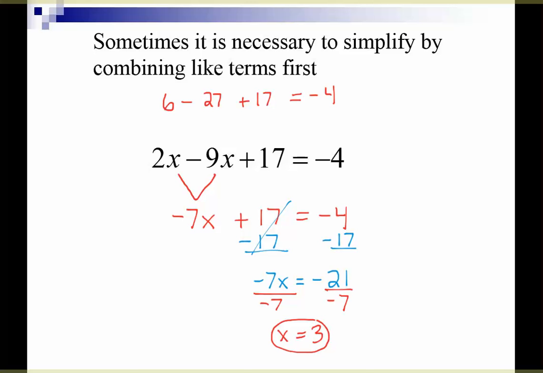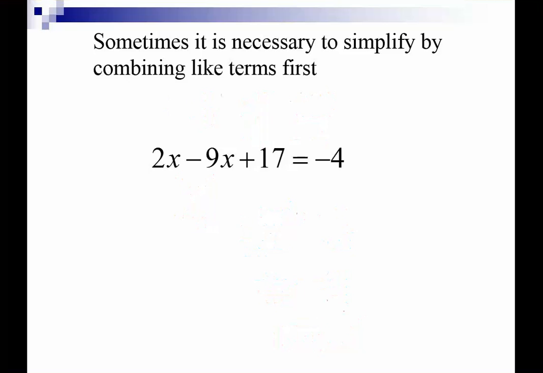I've got to go left to right on this, so I'm going to do 6 minus 27. 6 minus 27 is -21 plus 17 equals -4. And that works out. -21 plus 17 is -4, and -4 equals -4. So that's just what's going on in my head as I'm double checking to make sure that I do have the correct value for x. And you always want to do that yourselves.